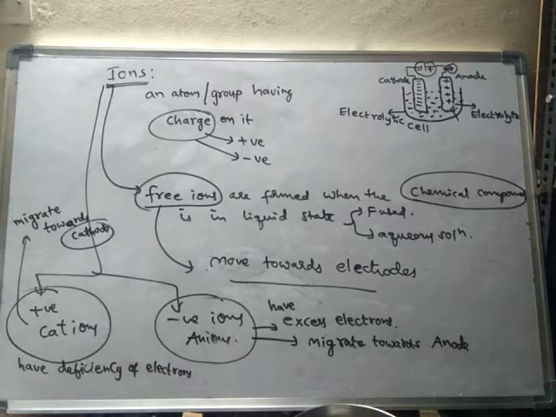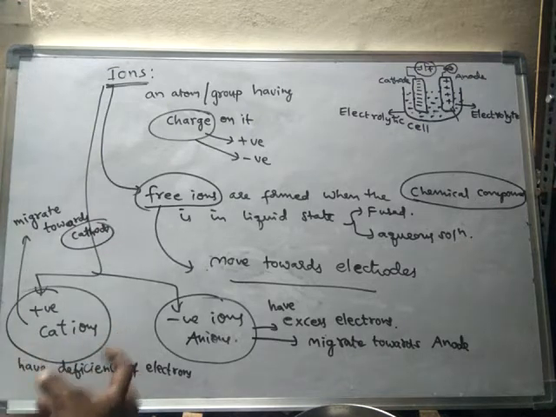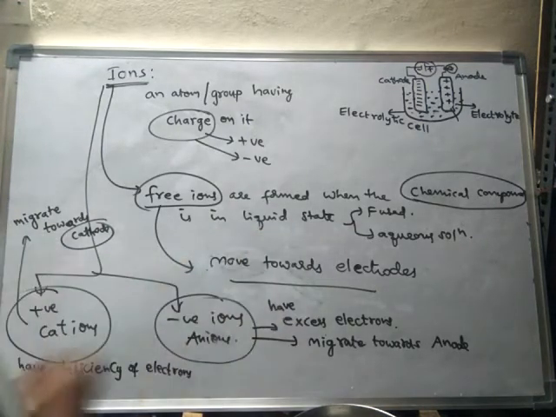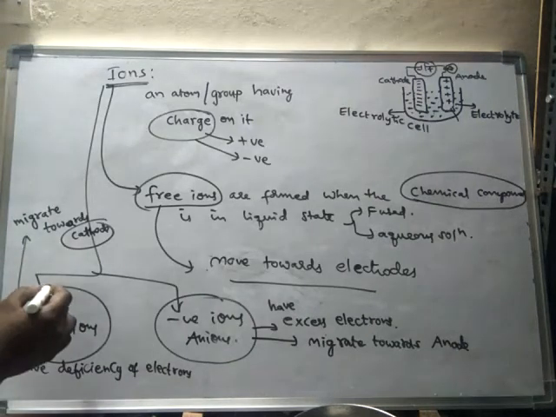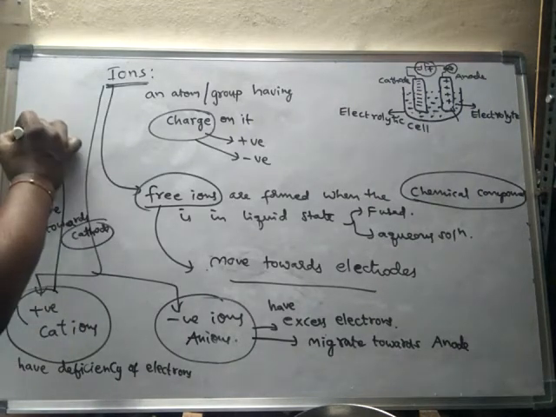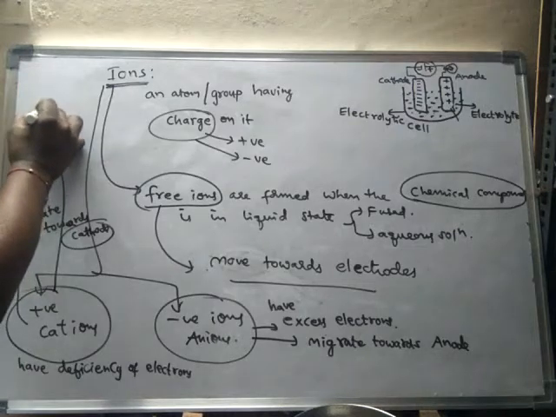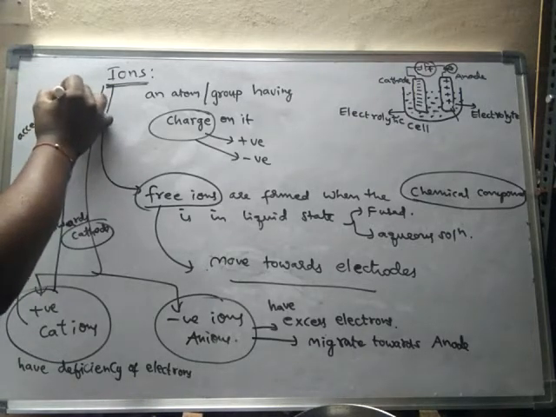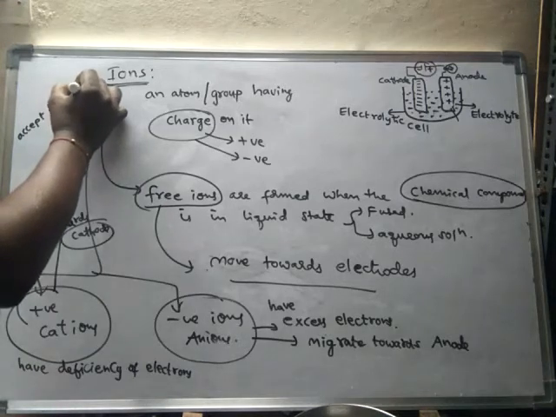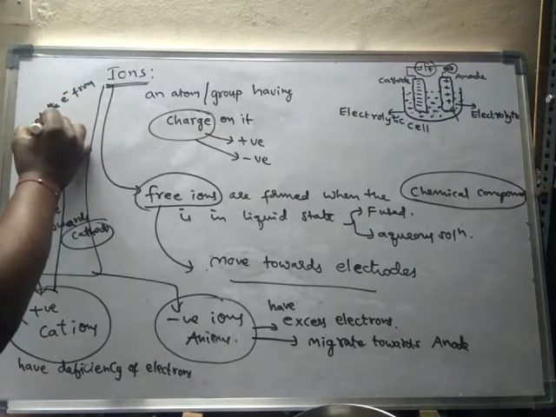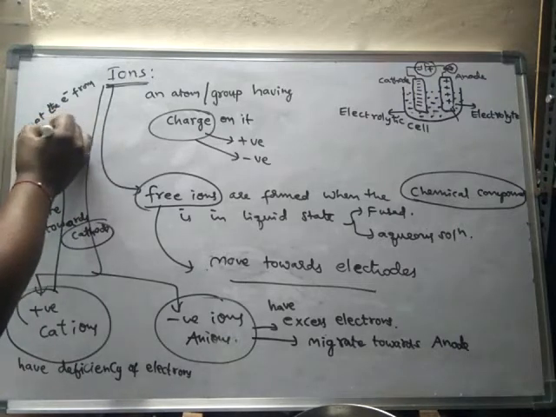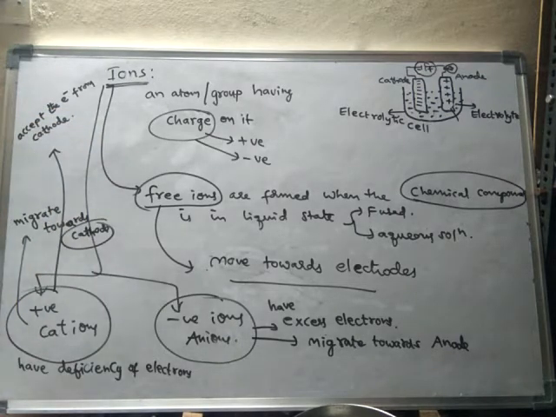These cations accept electrons. We have already seen that a cation will accept electrons from the cathode. When a cation accepts electrons from the cathode, it turns into a neutral atom.